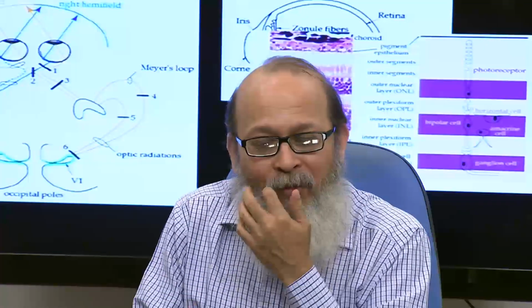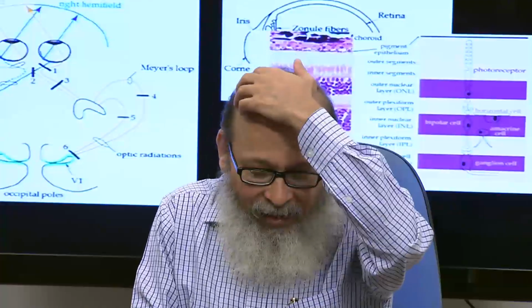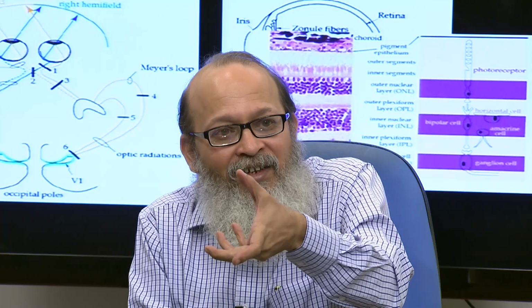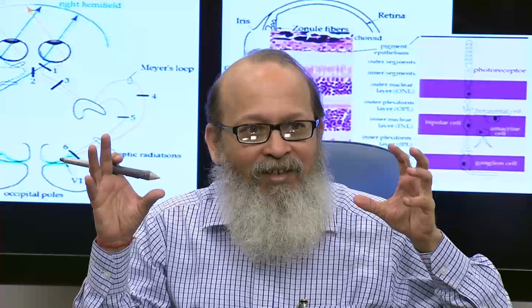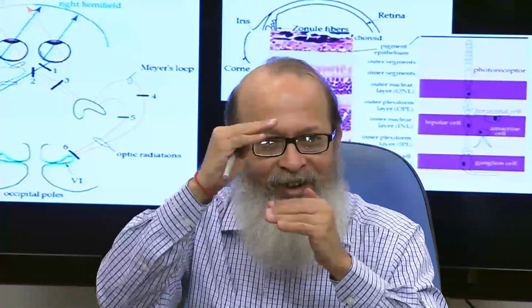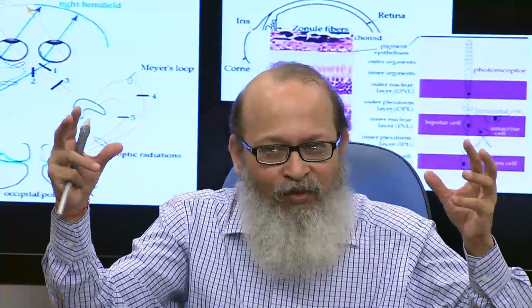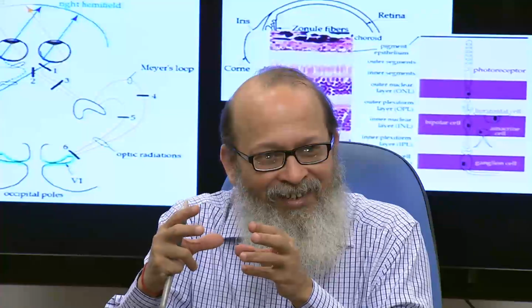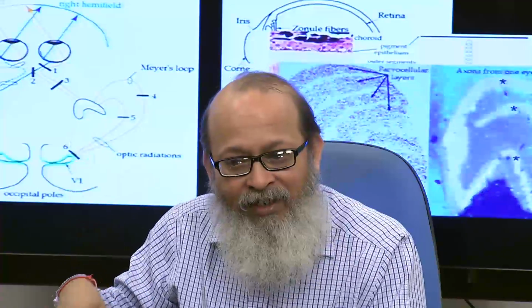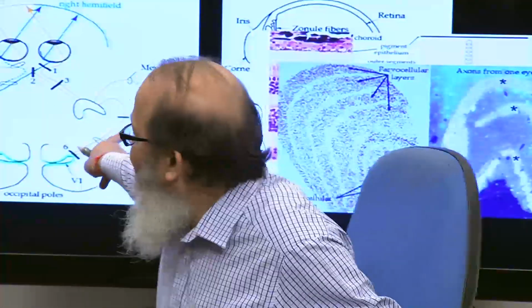So, whatever light is coming from an object will be represented in the fibers in a topographic manner. It is not that the whole object goes like this; it is presented in layers from left, right, left, right, left. The signals from both eyes are kept separate until they reach these layers.